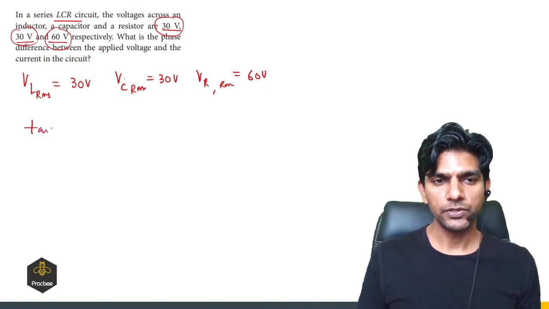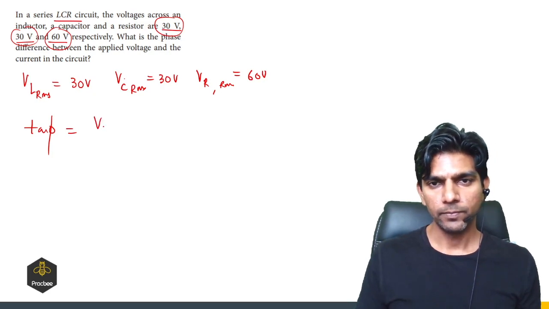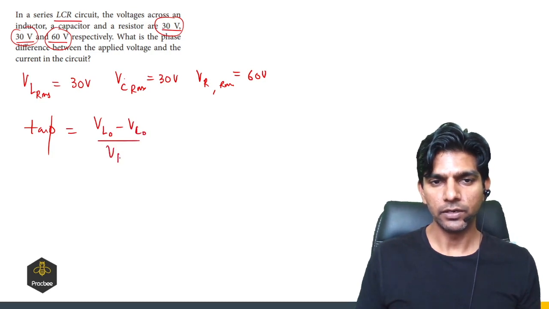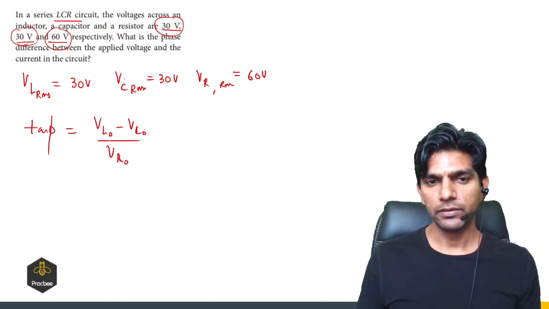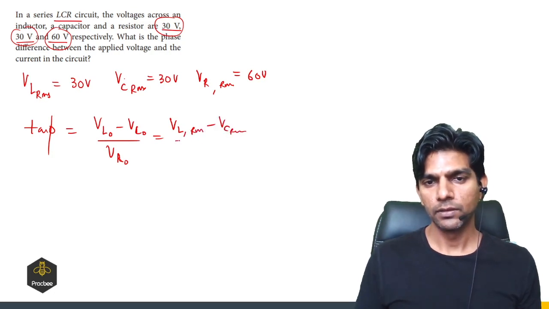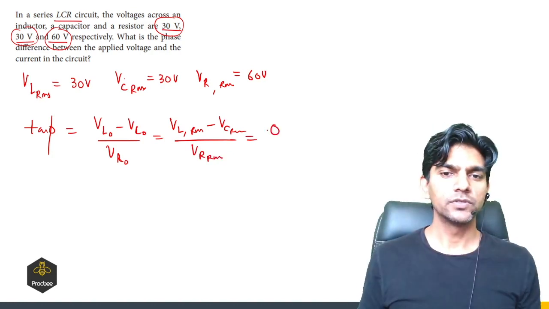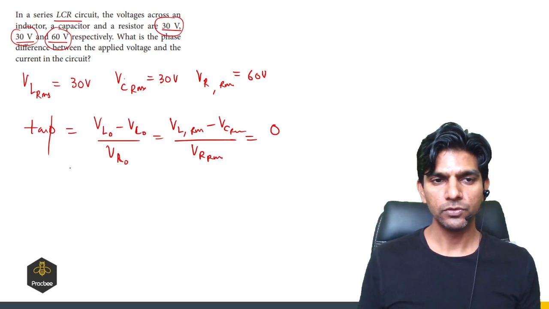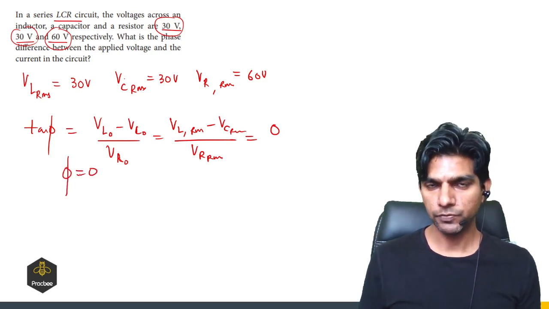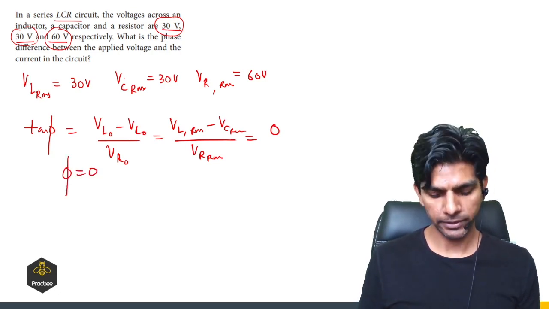And we know that the phase difference will be given by tan phi equals (VL naught minus VC naught) divided by VR naught, right? From the phasor diagram, we have seen this formula. If I divide numerator and denominator by root 2, we will get (VL RMS minus VC RMS) upon VR RMS. So this will become 0, right? Because VL RMS and VC RMS are equal. So phi will be 0. So there will be no phase difference between the current and the voltage supplied by the battery.